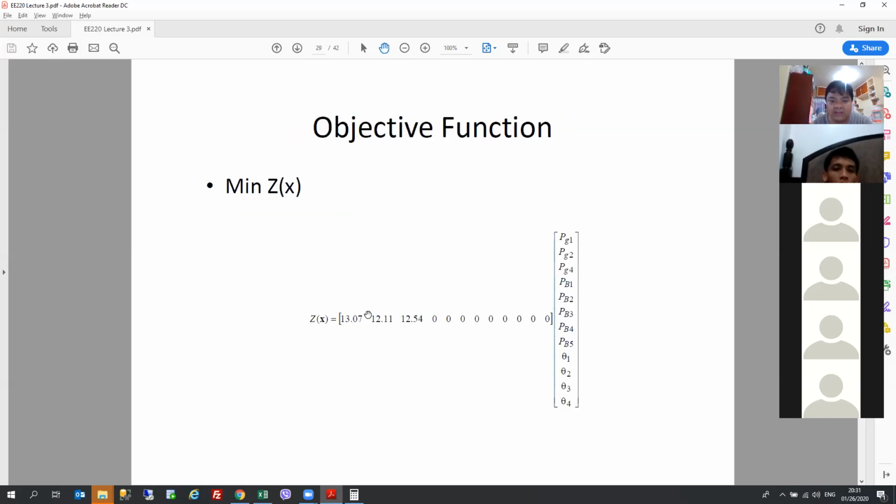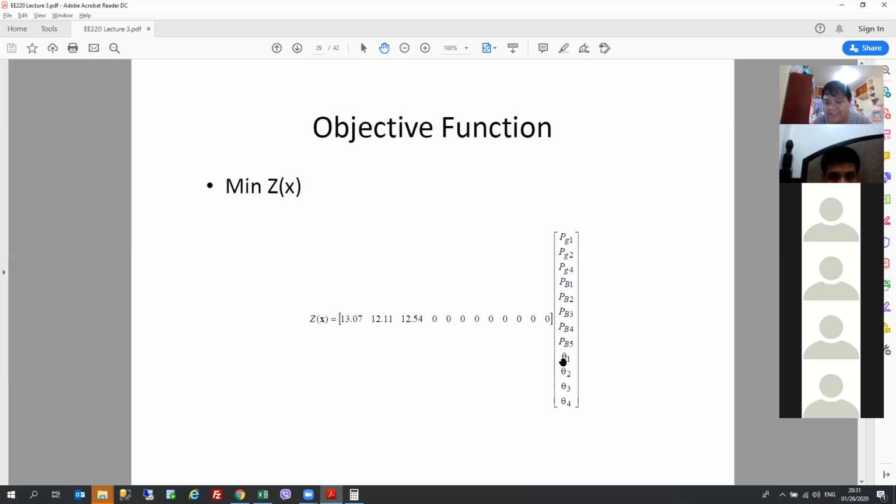Okay. Now, ilan ba yung unknown natin sa power flow problem? We have unknown P1, P2, P4. Your power flow at branch 1, yung line 1, PB1 means branch 1 eh. Line 1. So may 5 tayong linya. Ano ba yung magiging power flow sa mga branches na yon?